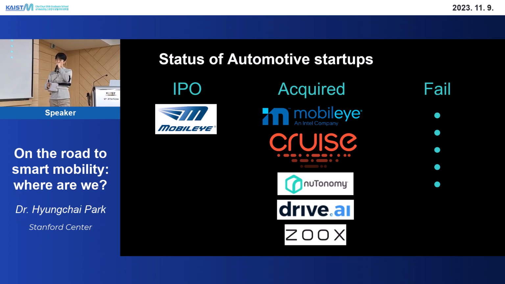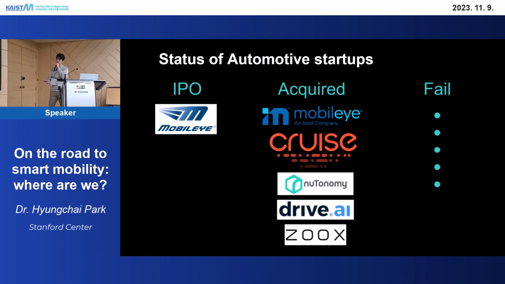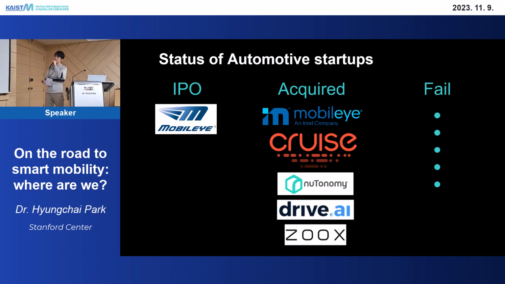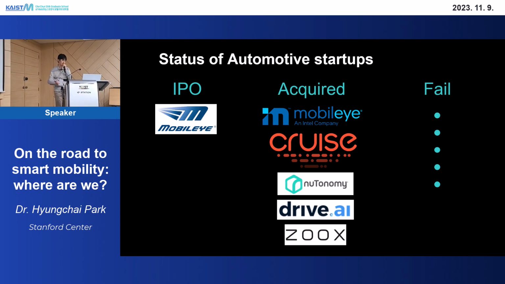Those labor intensive approaches require money. So these startups can't support them by themselves anymore. That's why those companies are acquired by big companies that have the capability of supporting the money to complete the autonomous driving technologies. And some companies have failed.